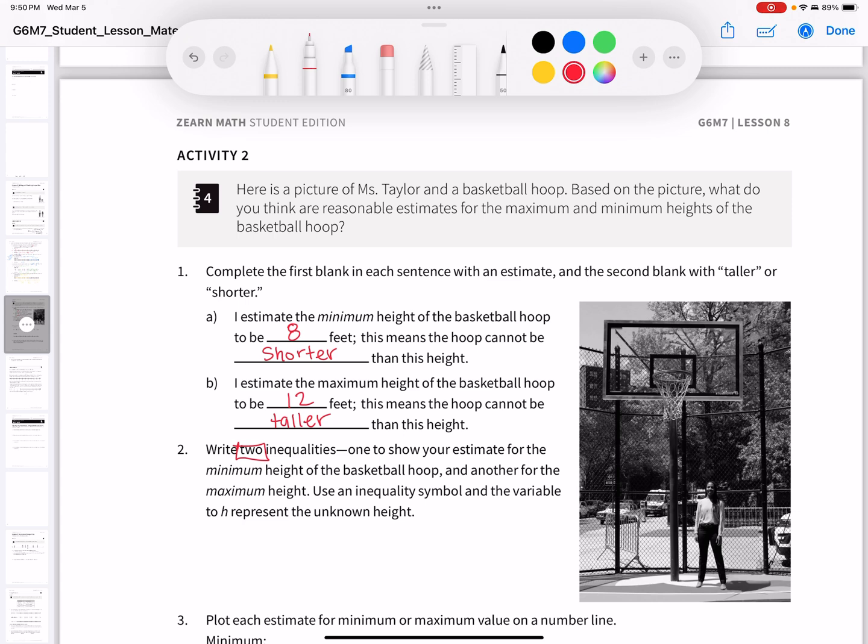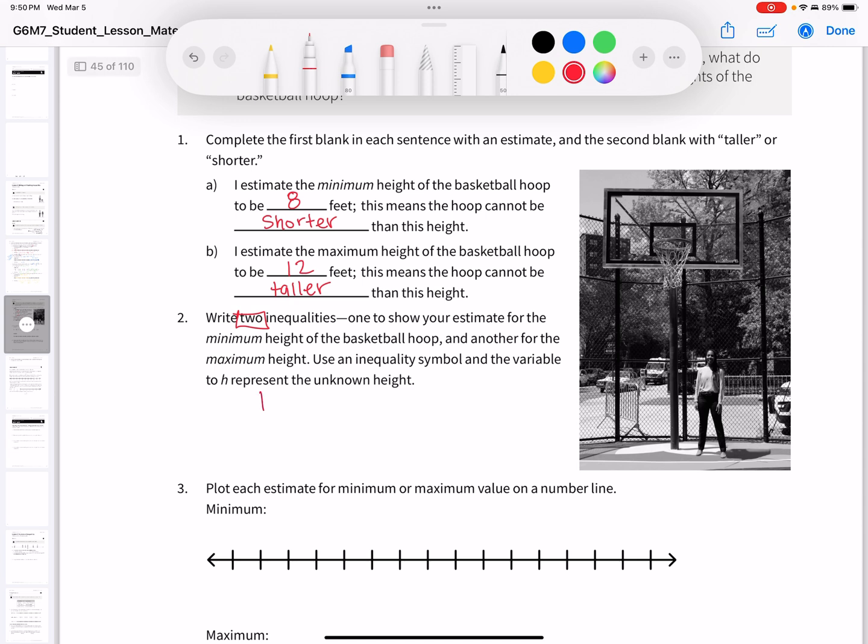Okay, so we could say h has to be greater than 8, right? Because it can't be any shorter than 8. And h has to be smaller than 12, shorter than 12, right? Because we have this hoop. It can go up to 12 and it can go as low as 8, right? But if we were talking about our open and closed dots, I would have to say that it could be 8 as well, and it could be 12 as well.